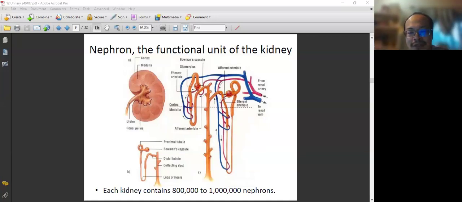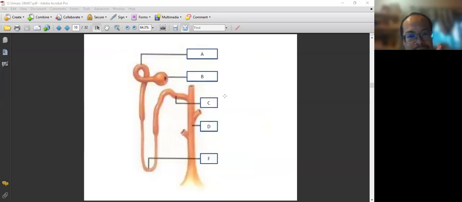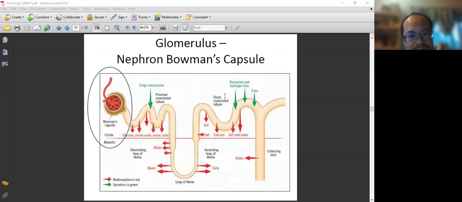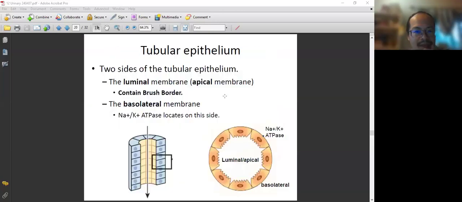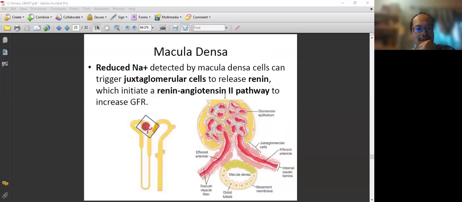And so this distal convoluted tubule is important to send signals to the entrance. This distal convoluted tubule, we call it the macula densa. Right here, this distal, we call it the macula densa.